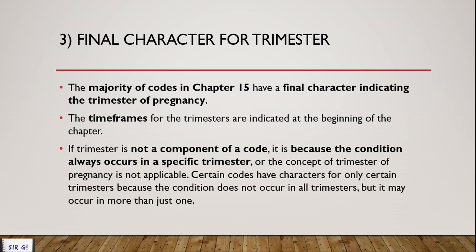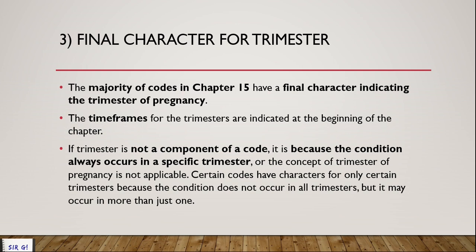For example, in chapter 15, hyperemesis gravidarum, the nausea and vomiting, usually happens in your first trimester, correct me if I'm wrong. So you no longer need to specify the trimester, because it is already expected that it only happens in the first trimester.